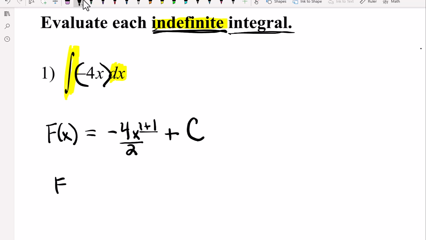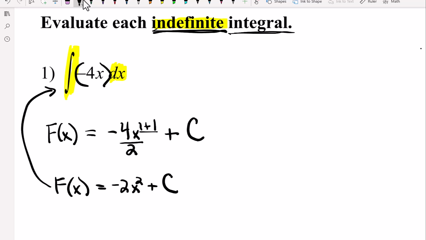And then finally, -4 divided by 2 is -2. And then 1 plus 1. This is the indefinite integral to that function. All right, the next video I'm just going to go through and do several examples.